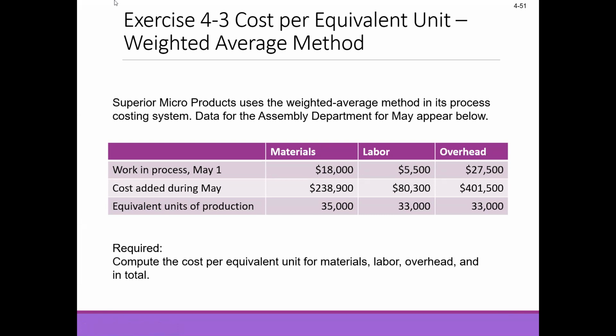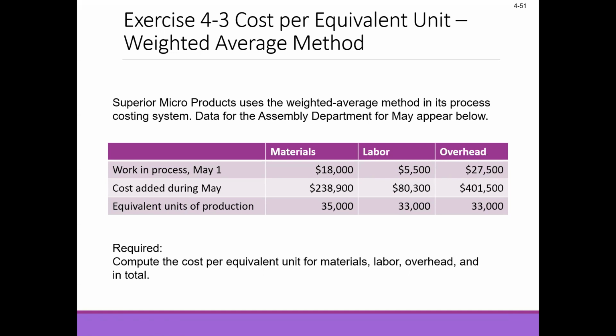So as we go down here, Superior Micro Products uses a weighted average method in its process costing system. So we've got the materials, the labor, and the overhead. We have the costs added for the month, materials, labor, and overhead.